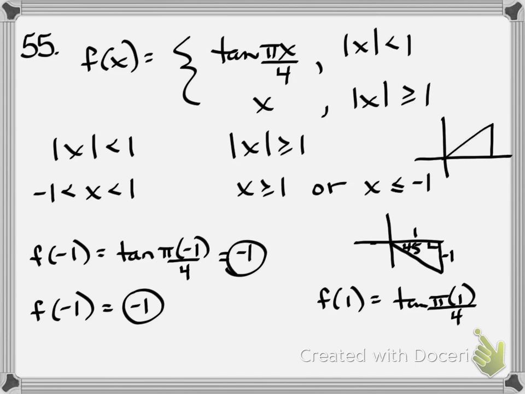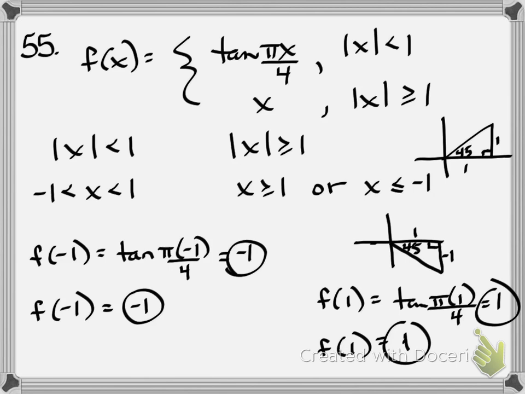So 45 degrees, it's a 45, 45, 90. These are positive values, so the tangent would be 1/1, opposite over adjacent. So the value would be 1. And if you plugged 1 in the bottom function, x would just be 1. So these agree. So we are continuous at +1 and -1.